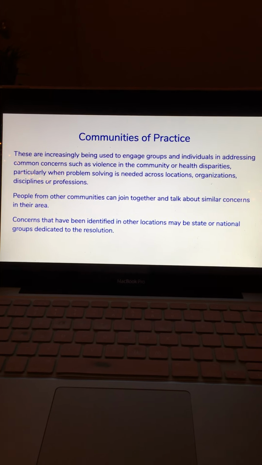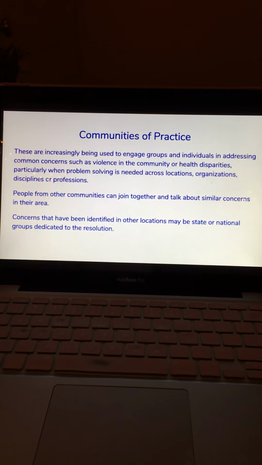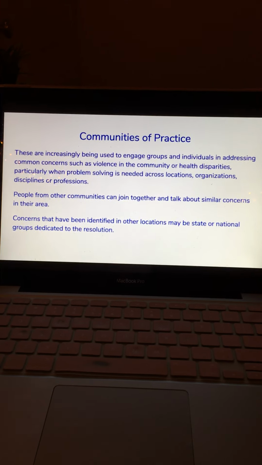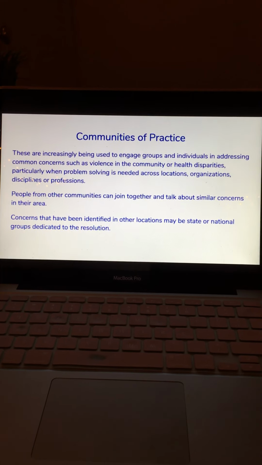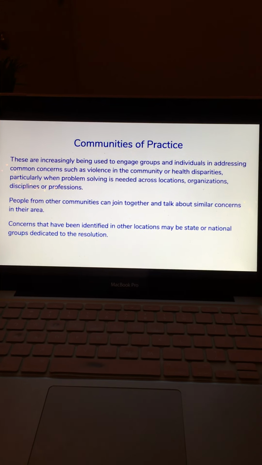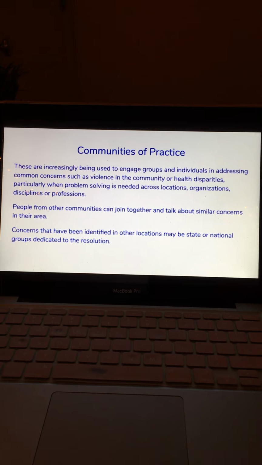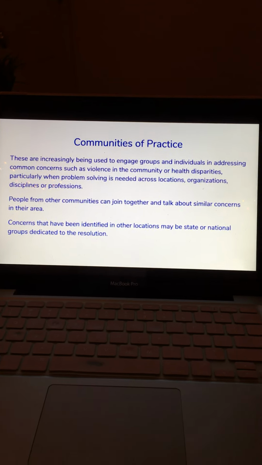People from other communities can join together and talk about similar concerns in their area, and also concerns that have been identified in other locations, maybe state or national groups dedicated to their resolution. So you may find out about other problems that exist around the world, and they are commonly known in other areas, and they may take place in your area.